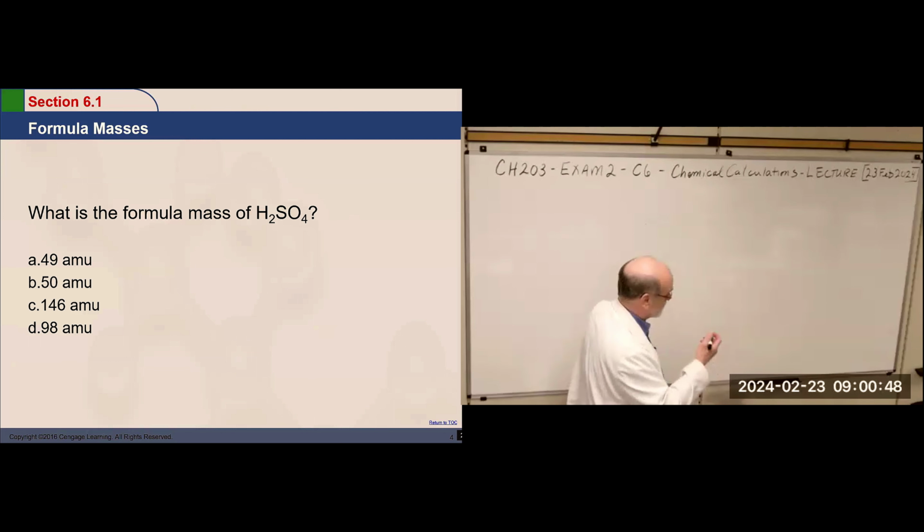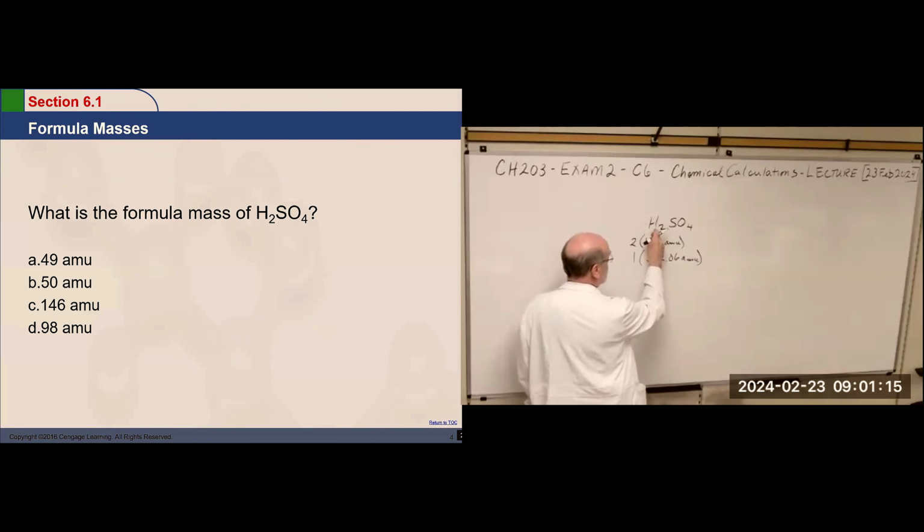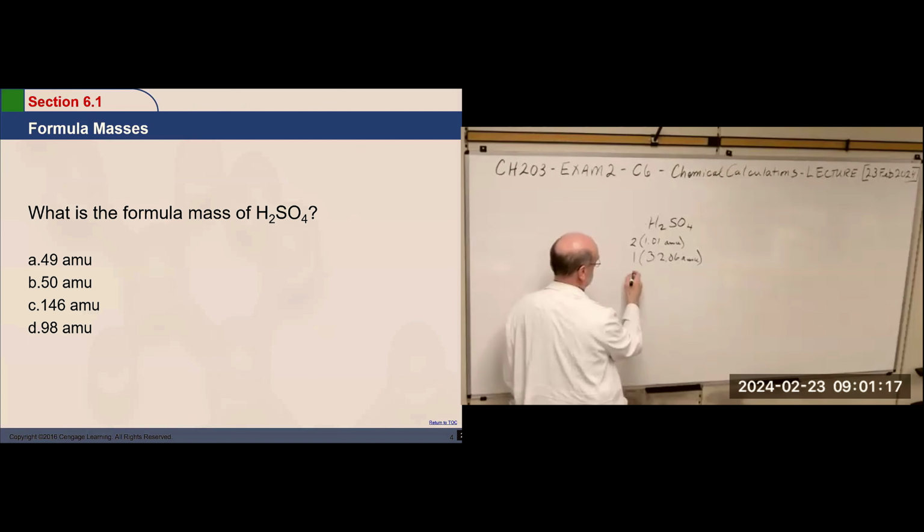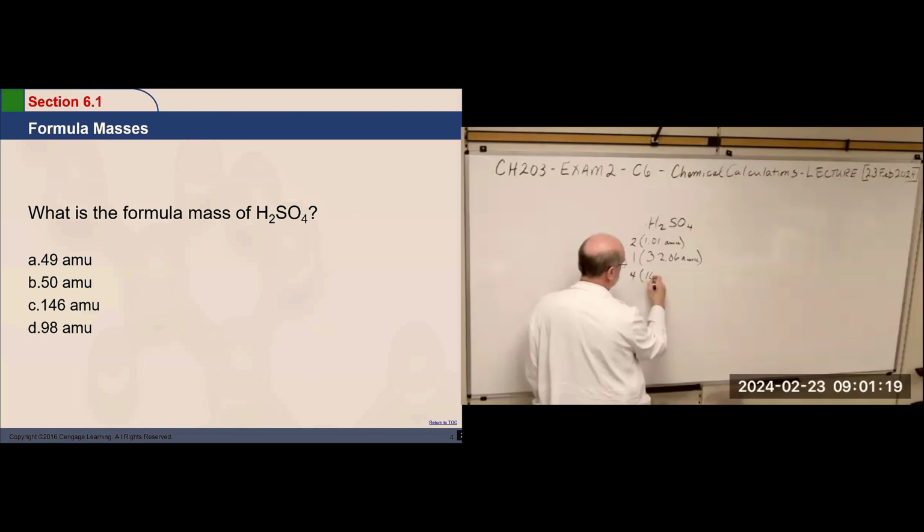We would have 1 atomic mass unit for sulfur, which I think is 32.06. Atomic mass units. That's if we're saying 2 atoms, 1 atom, 4 atoms. And then for the oxygens, right, 16 of those each.